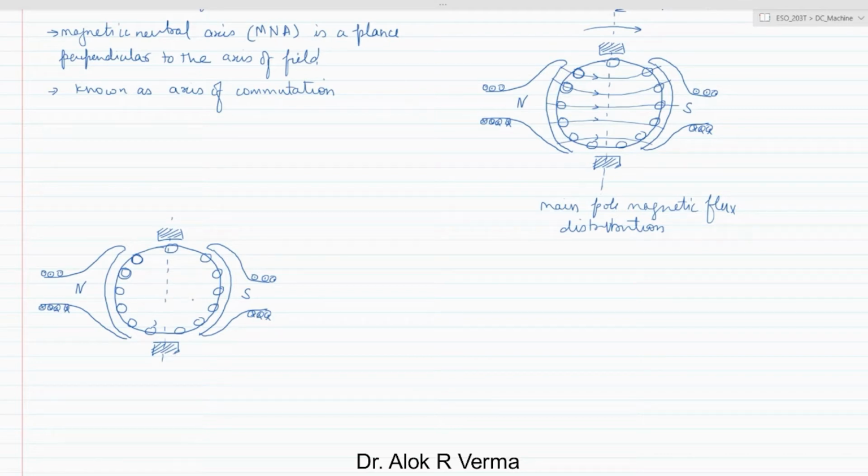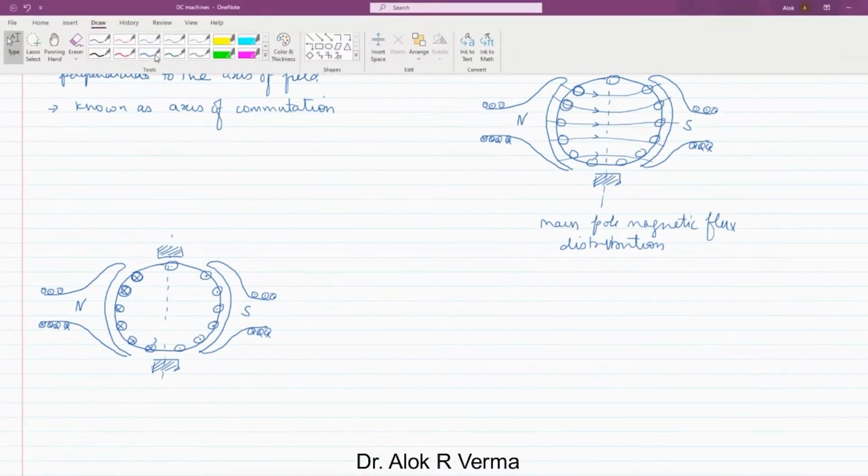Now if we have the conductors, suppose this side conductors are the cross ones, the conductor is going inside, the current direction is such, and this side the conductors are coming up, this is the direction of the current. So now the field here will be of this nature, correct? I'll change the color so that we can see it clearly.